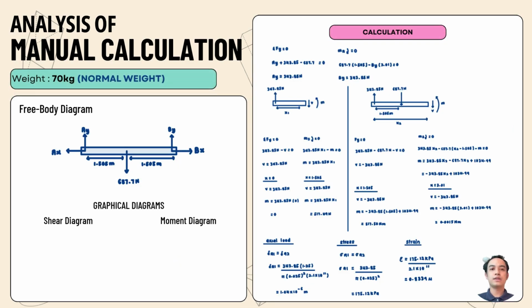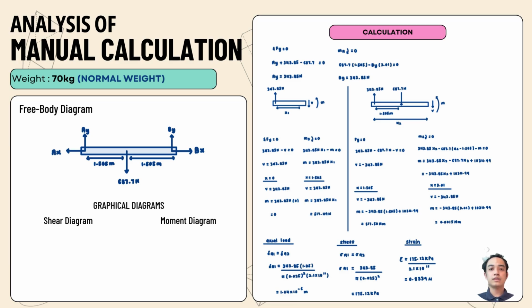For the force with 70 kg, firstly, we need to draw the free body diagram and then find the reaction force on AY and BY. Next, we need to find the shear and the moment while x equal to 0 and x equal to 1.505. For x equal to 0, V is 343.85 and the moment is 0.